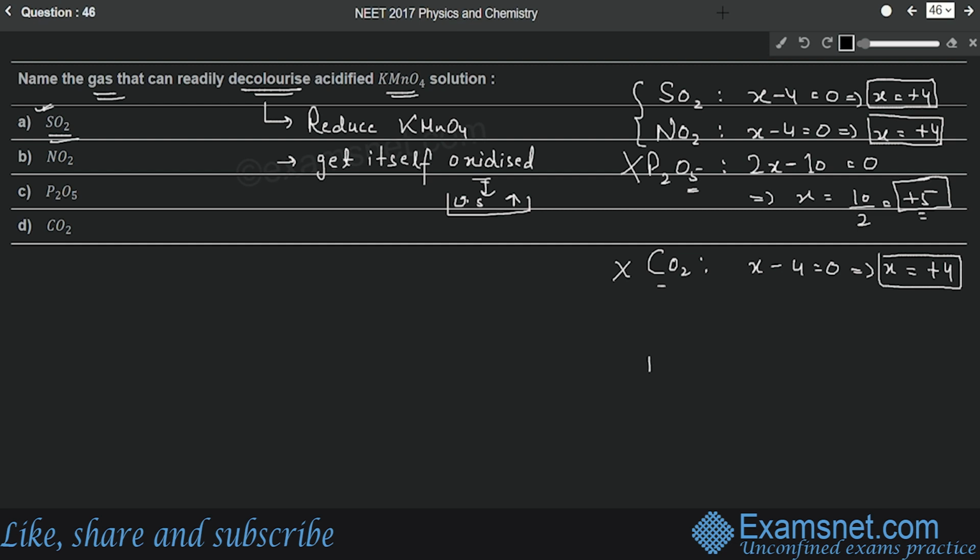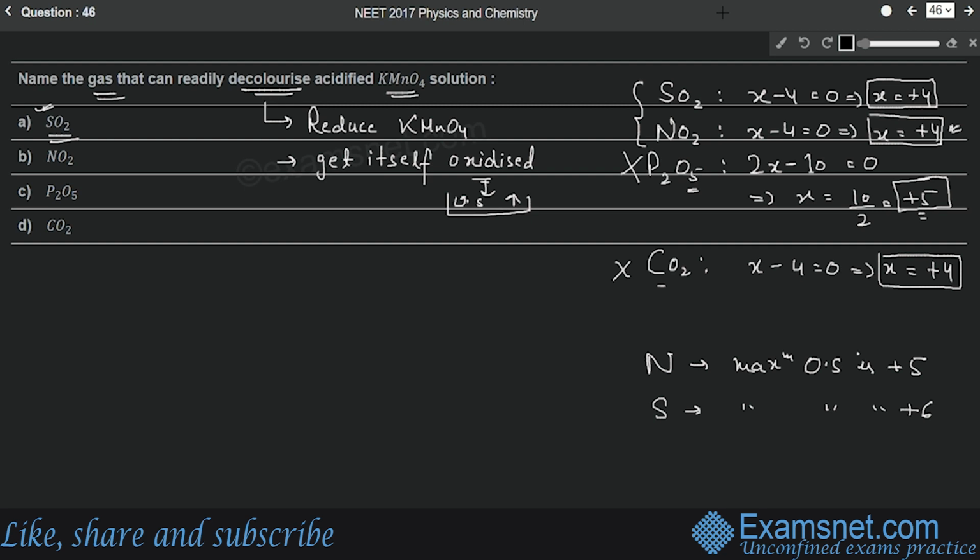Now we know that in case of nitrogen, the maximum oxidation state is plus 5. Here it is plus 4, so it can increase by 1. In case of sulfur, the maximum oxidation state is plus 6, so it can increase by 2.